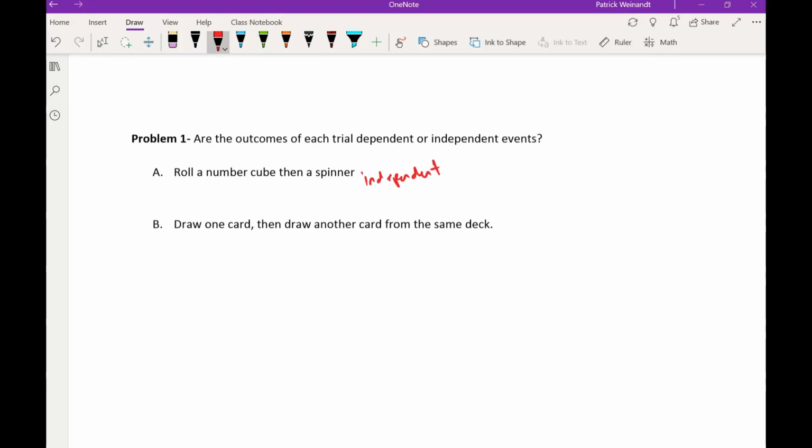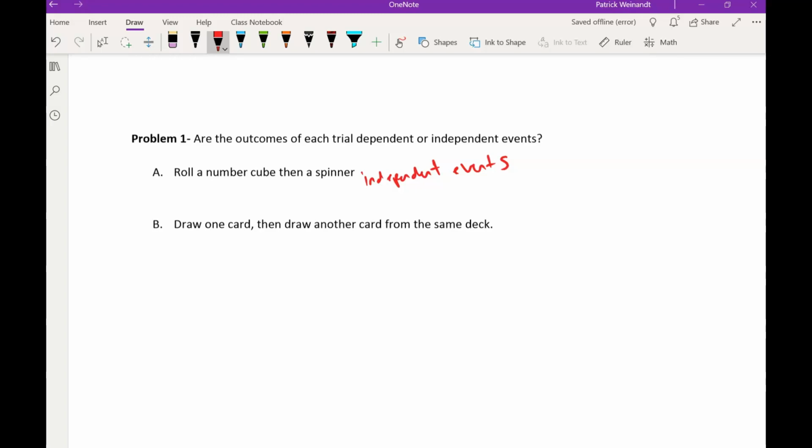They're independent events. Okay, now, however, if I'm drawing two cards from the same deck, I draw one card and then I draw another card from the same deck. Does my drawing the first card impact what I can get in the second card? You might think no, but technically it does. If I draw a card from a 52 card deck, I'm left with 51 cards, and my second card can't be what my first card is.